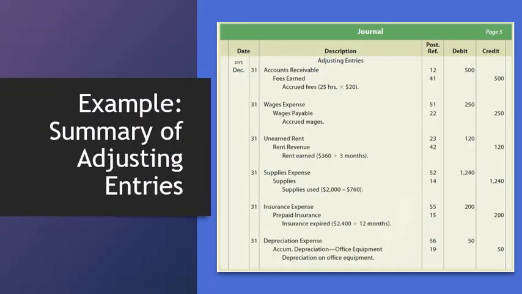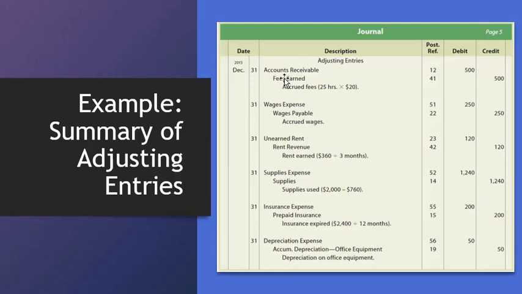So what we see here is an example of what a summary of adjusting entries might look like. For example, this company has a variety of adjusting entries that they're going to record here. The first one is some accrued revenue. It looks like they have done some work for customers that the customers haven't paid for.